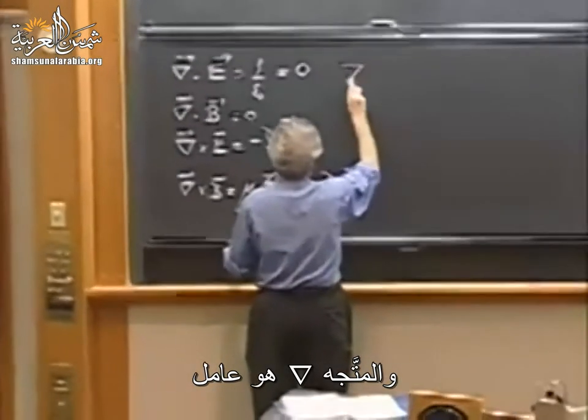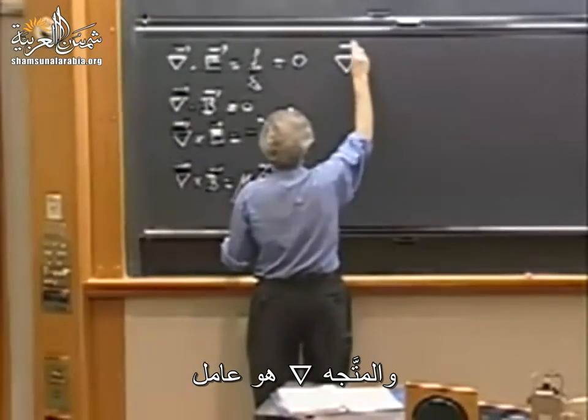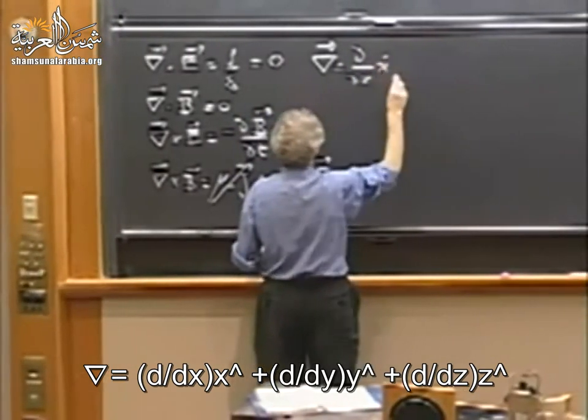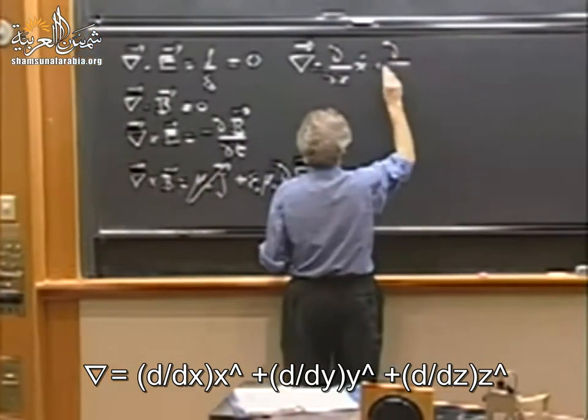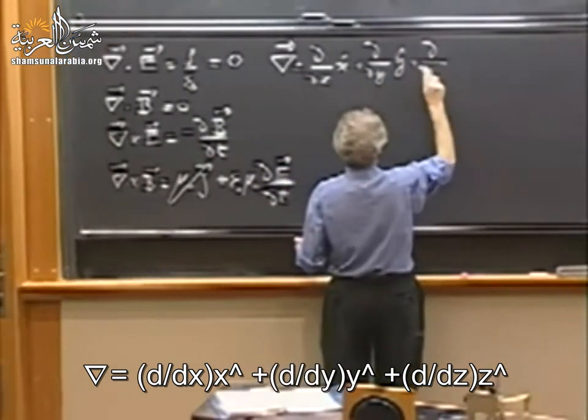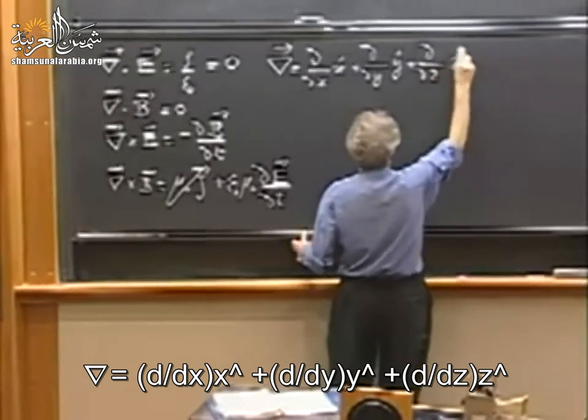The del vector is an operator d dx, x roof, plus d dy, y roof, plus d dz, z roof.